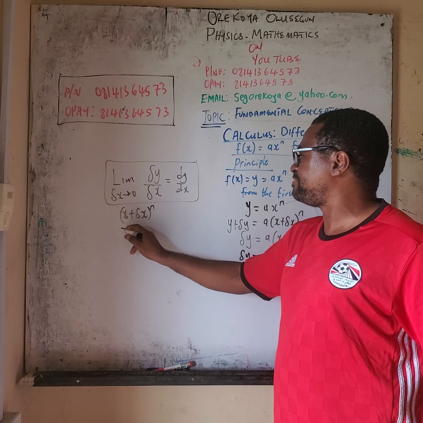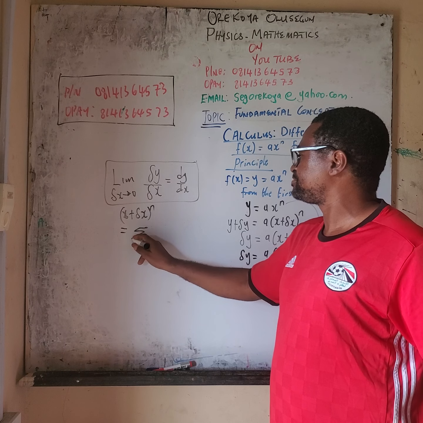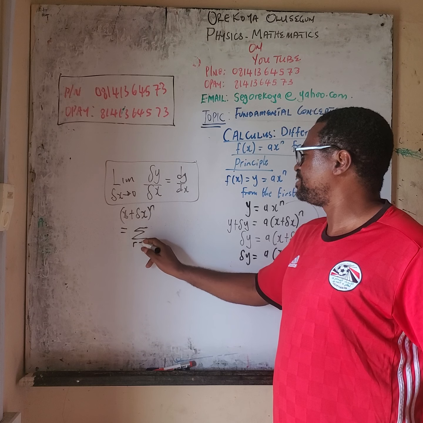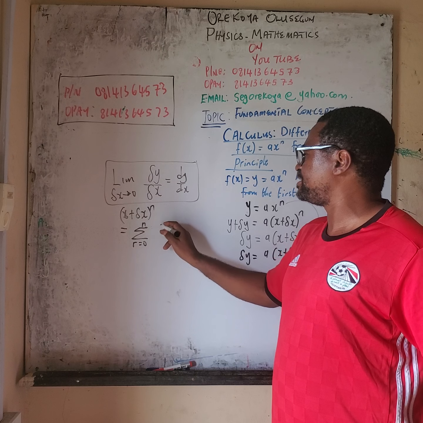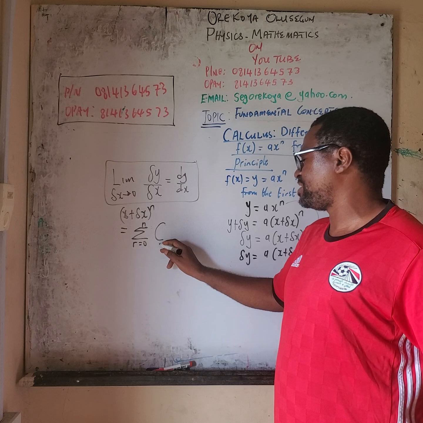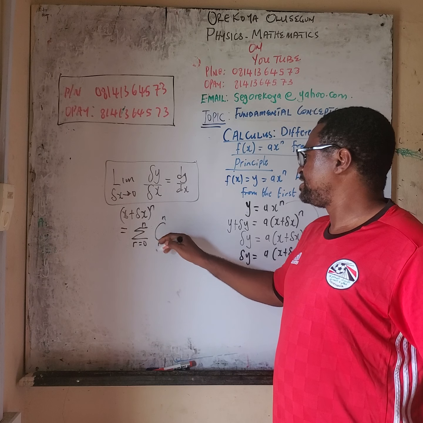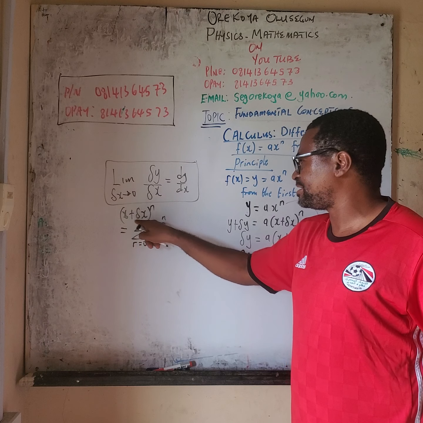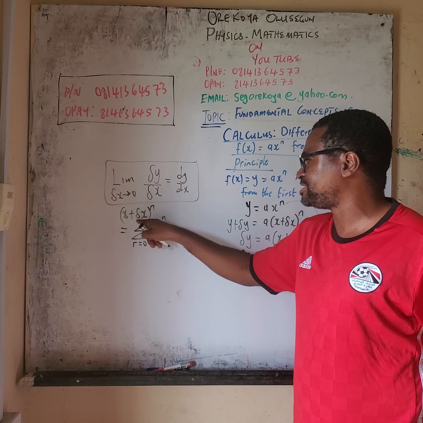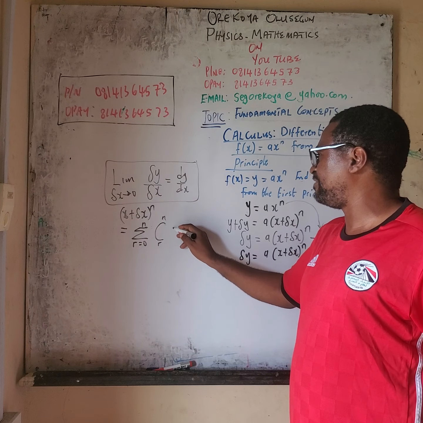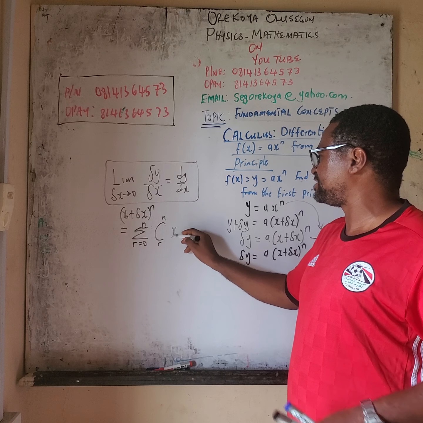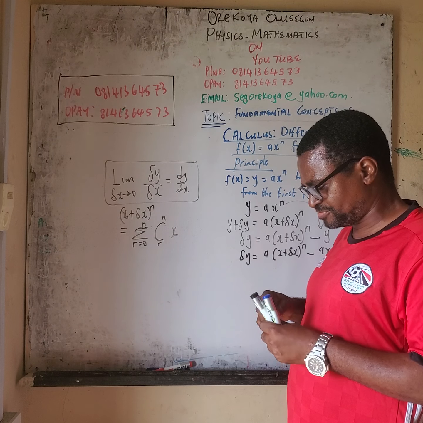x plus delta x raised to power n can be written as the summation from r equals 0 to n of the combination n choose r, then we multiply these terms together. That's the formula for the expansion.